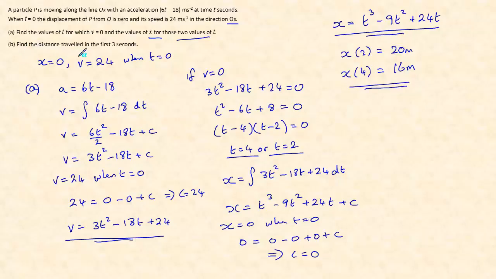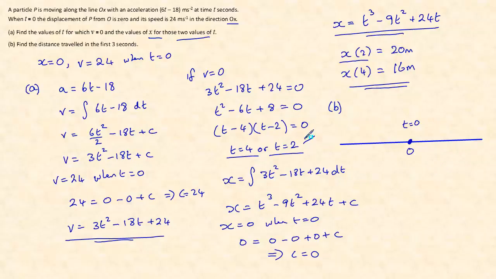We want to find the distance travelled in the first 3 seconds in part B. So we know, let's just put ourselves on an axis like this, and if this is O, we know it's here at t equals 0. We know the velocity is 0 when t is 2.